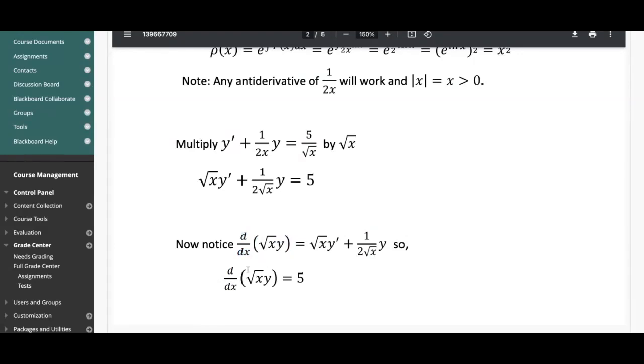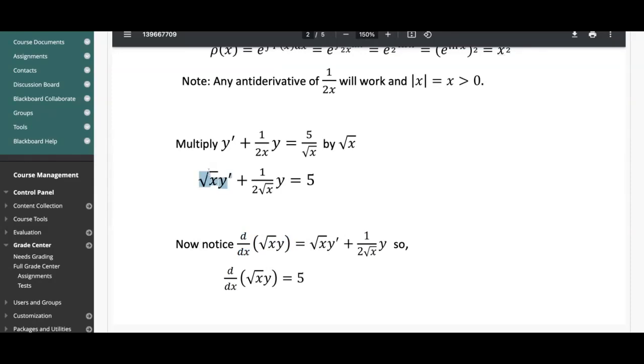So that means the derivative of square root of x times y equals 5. That's the miracle part about calculating the integrating factor and multiplying every term by it, because we get the left-hand side to be the derivative of square root of x times y.